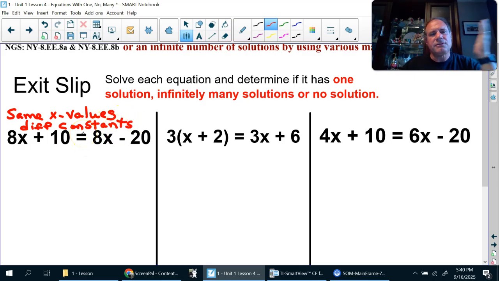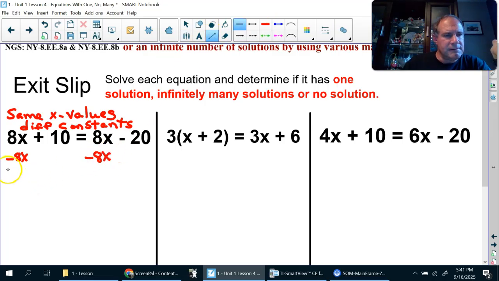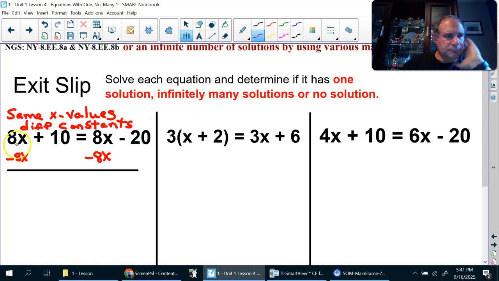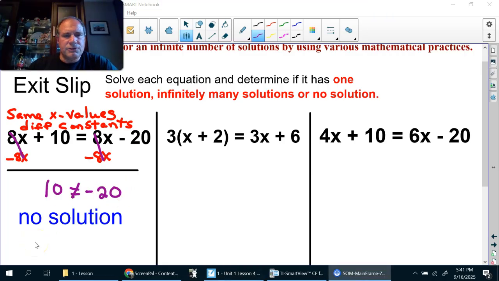So that means there's no solution. But if you really wanted to, you'd put negative 8x, negative 8x. This cancels, and you get 10 does not equal negative 20. And there is no solution.